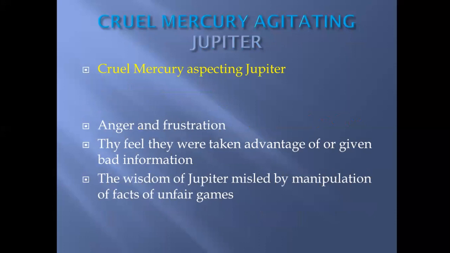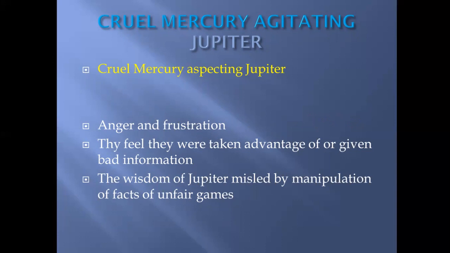Good. The next Avashta we're going to talk about is cruel Mercury. That's Mercury with a cruel planet agitating Jupiter. This happens when cruel Mercury is aspecting Jupiter. And the person will feel a lot of anger and frustration.